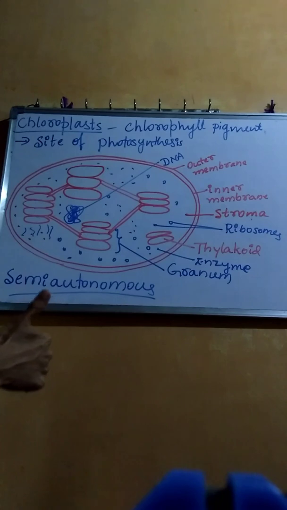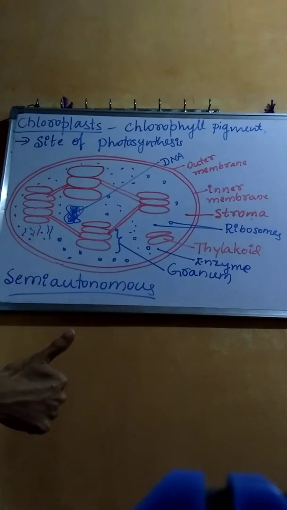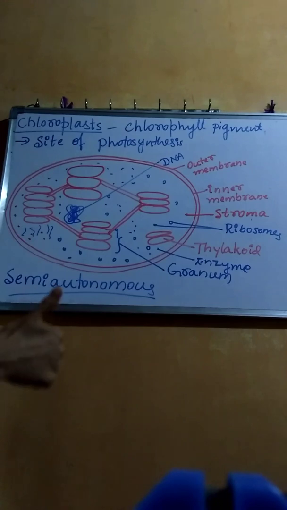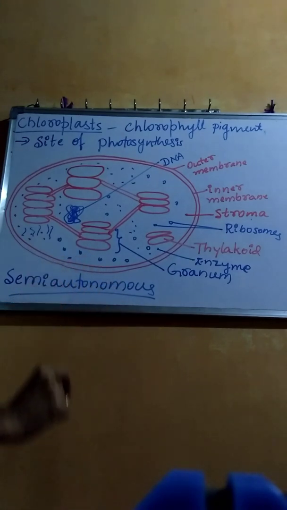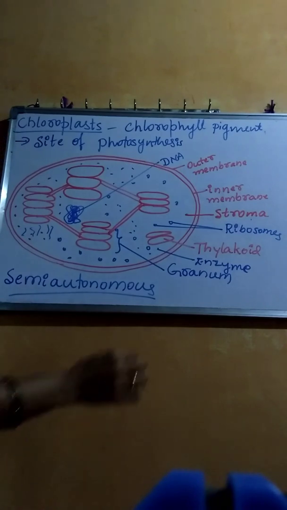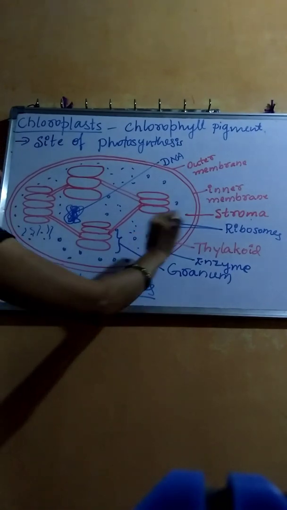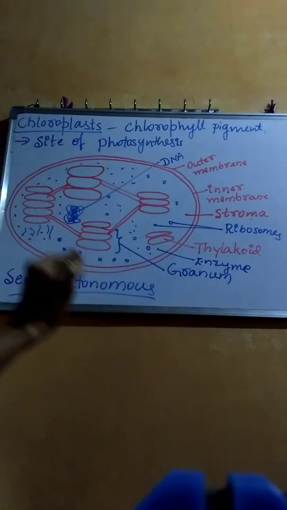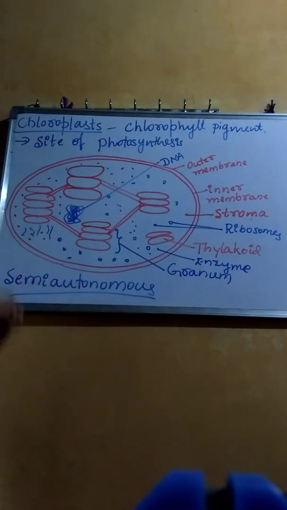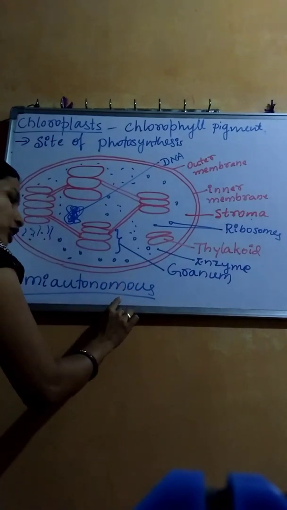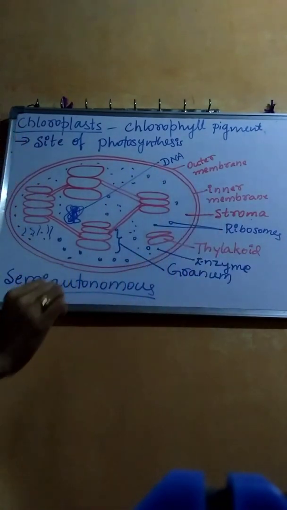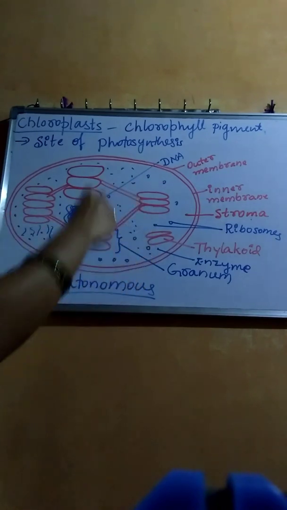Chromoplasts are helpful in pollination. Pollination is the process of transfer of pollen grains or male gametes from the anther of one plant to the stigma of another plant or another flower.